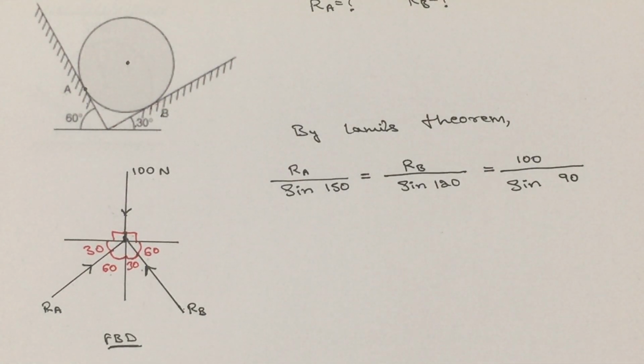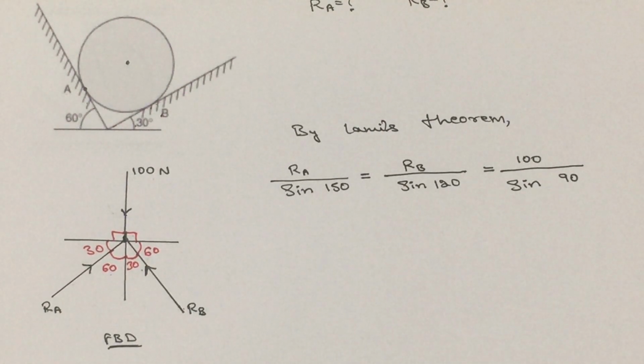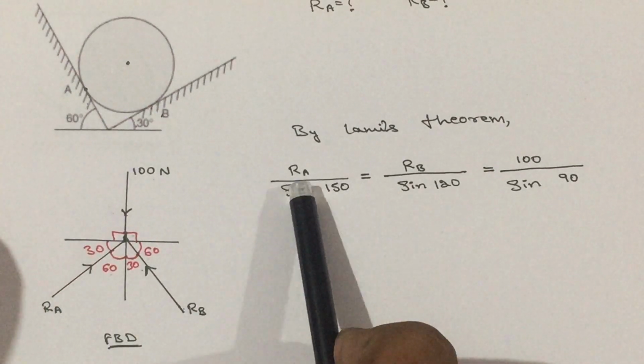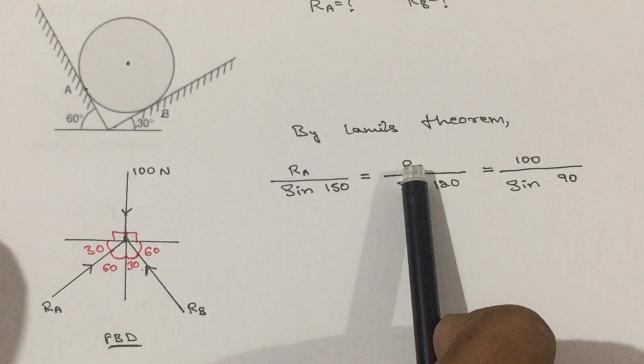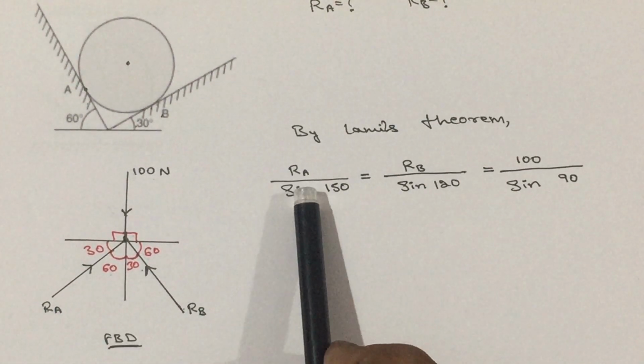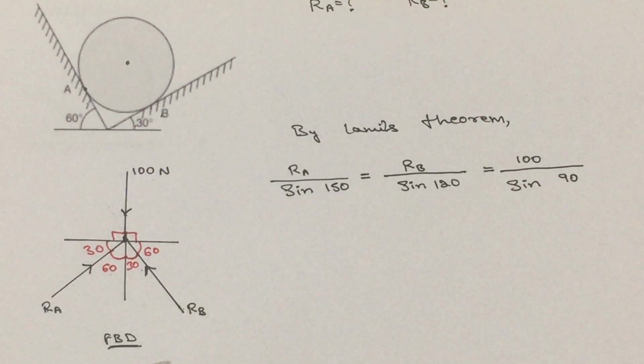So, once we get the Lami's equation, we have got 3 parts: 1, 2, 3. Out of these 3 parts, we need to select any 2 parts in such a way that there should be only one unknown. If I select the first part and the second part, there will be 2 unknowns, RA and RB. We can't solve the problem. So, select the first part and the last part, so that the unknown is only RA, and you will get the answer.